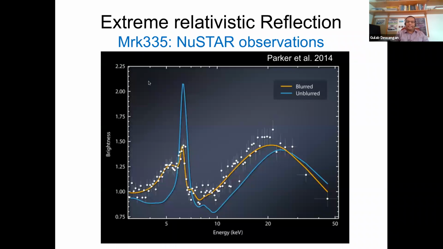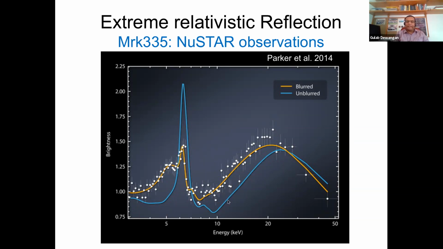Okay, so here is an example of very high signal to noise data taken with the NuSTAR mission by NASA. The advantage of the NuSTAR mission is that it has broadband coverage from 3 keV up to about 80 keV or so. What is shown here is 3 keV to about 40 or 50 keV. These solid points are the actual observed data points.